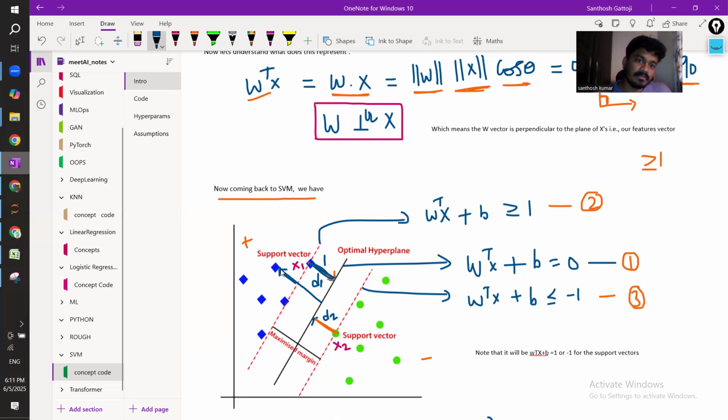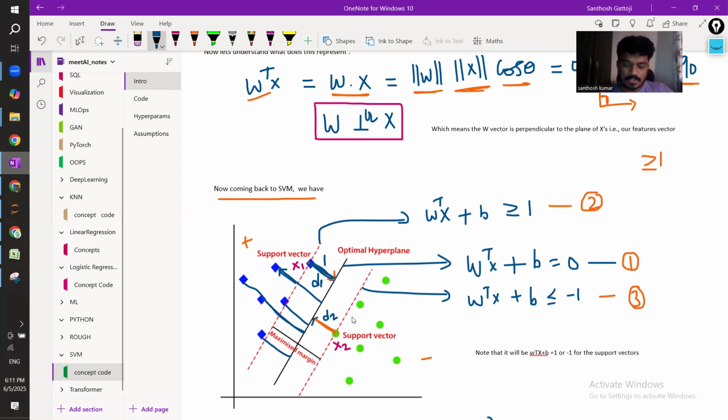If it is on the plane, it is 1. Here it is slightly greater than 1. So that's why I'm saying W transpose X is greater than or equal to 1. It might be on the line or it might be out. For support vectors, it will be 1. Not necessarily only one support vector; in some cases, you can have more support vectors also. Other points will be greater than 1.